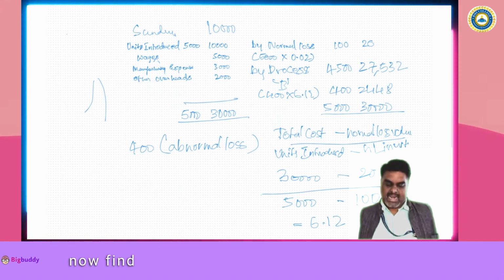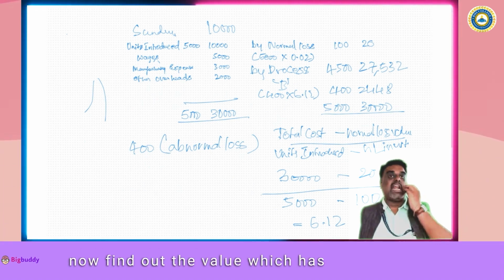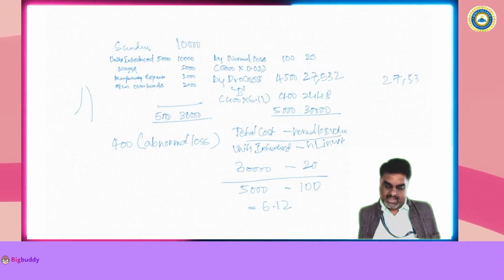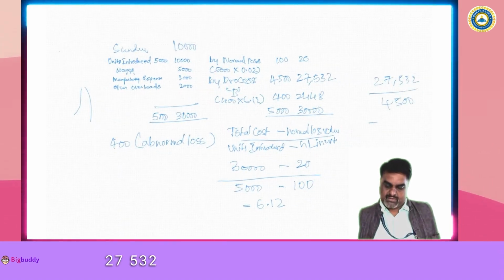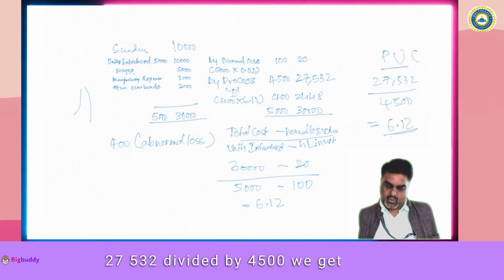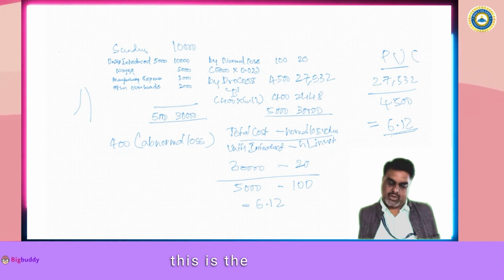Right? To find out the value which has been transferred, 27,532 divided by 4,500, get 6.12 only. This is the per unit cost.